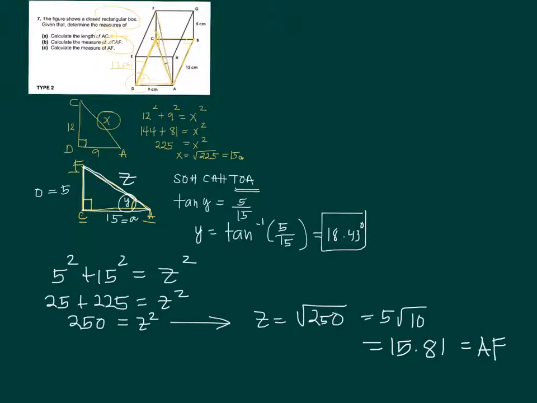I hope you were able to follow my explanation on this particular problem. Just one thing to note, the most crucial part of solving this problem is to recognize the 90-degree angles there, because it's not easy to see that they're actually 90 degrees. Like in the case of FCA, it's not too obvious that it's a 90-degree angle. In addition, when you use the Pythagorean theorem, make sure that the isolated value is the hypotenuse of the triangle.